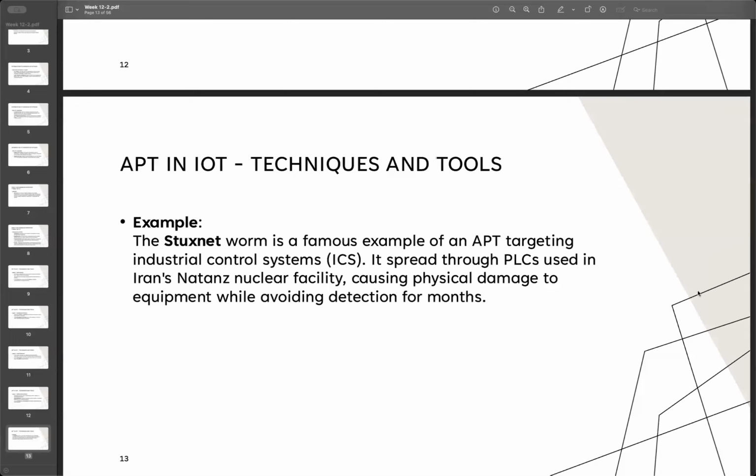It's a really famous example of an APT targeting industrial control systems, ICS. It tries to spread through the PLC, targeting our nation's nuclear facility. It caused real physical damage to the equipment, while avoiding detection for months.